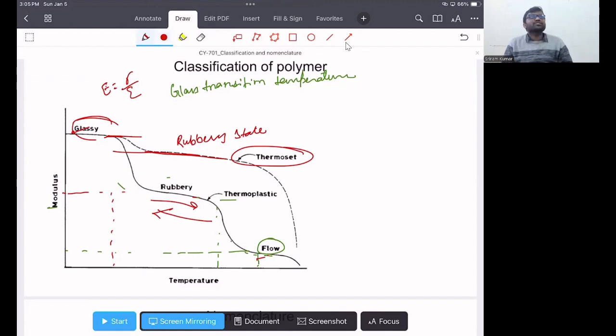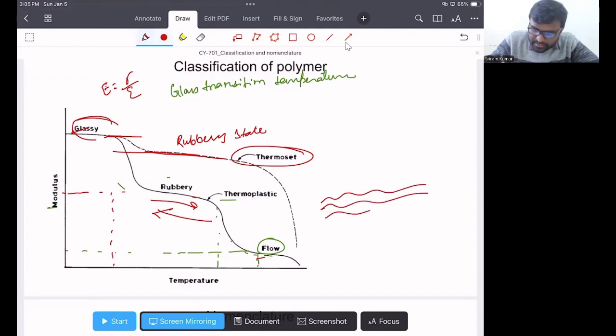Why? Now the question you might have is why there is so much difference in these mechanical properties. As I told you, thermoplastics are linear materials, so if you apply some temperature, deformation can happen easily. However, in the case of the thermosets, once you increase the temperature, cross-linking happens.